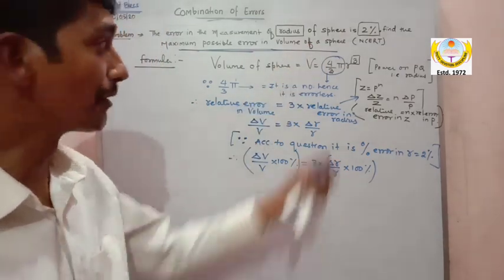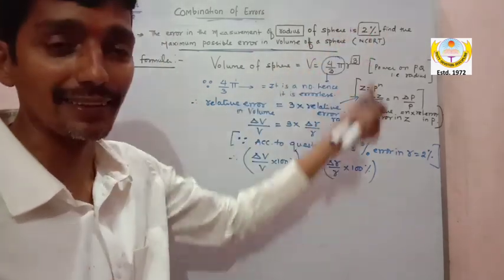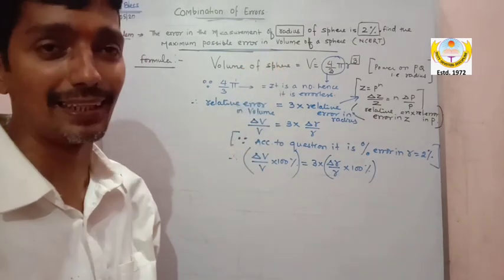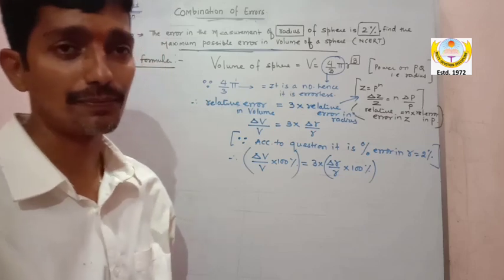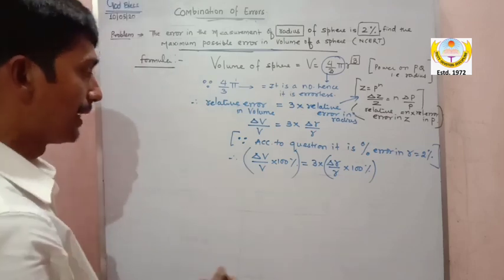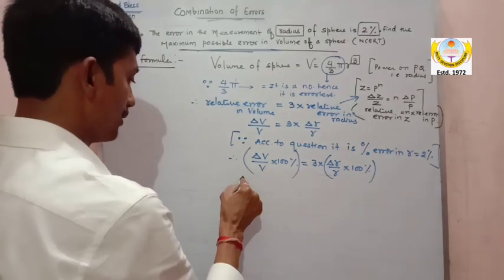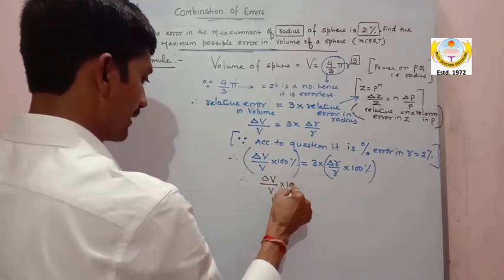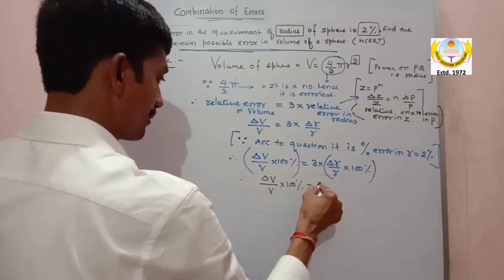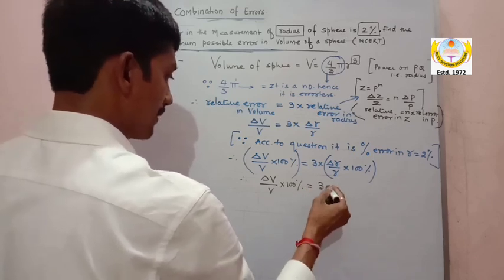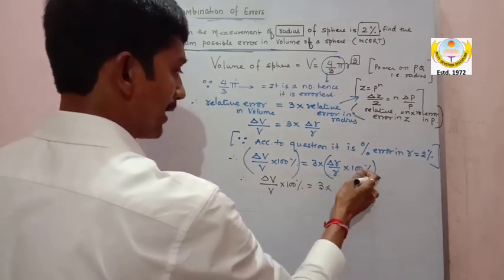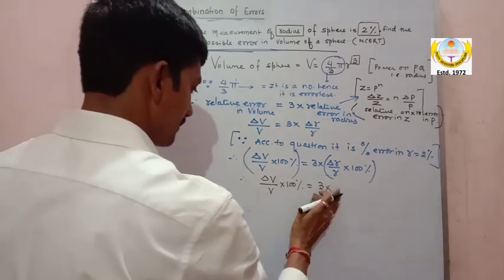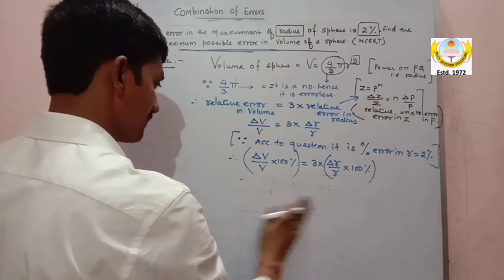And why? Because in the question percentage error is given, sir, so what we have to find is also percentage error only, understand this. So now, my dear, percentage error in volume will be delta V by V into 100%, which is equal to 3 into delta R by R into 100%, I am writing this in words.